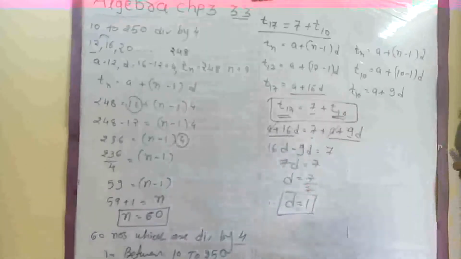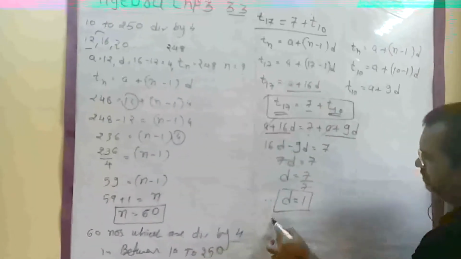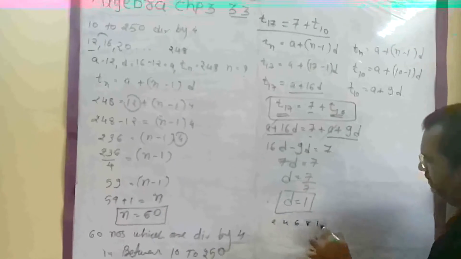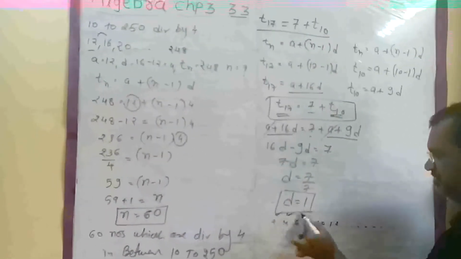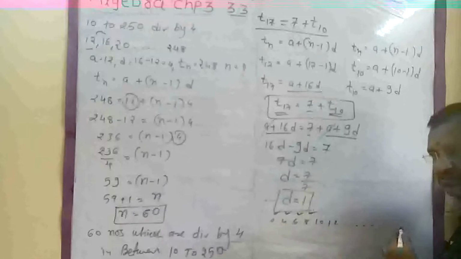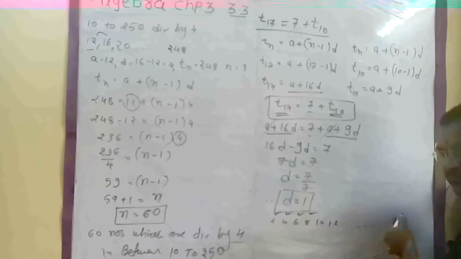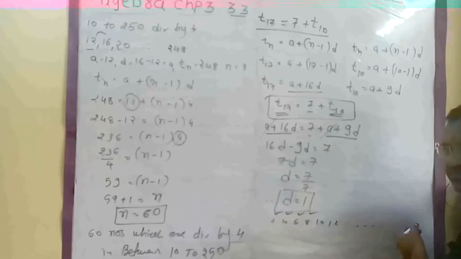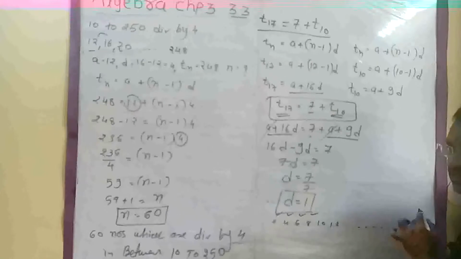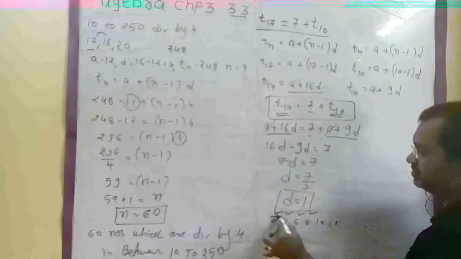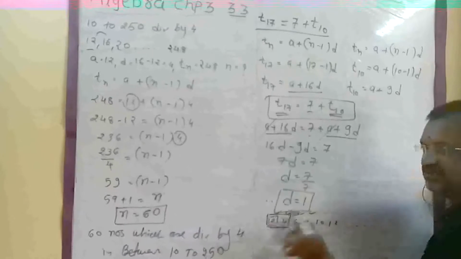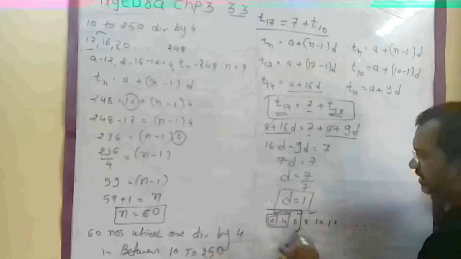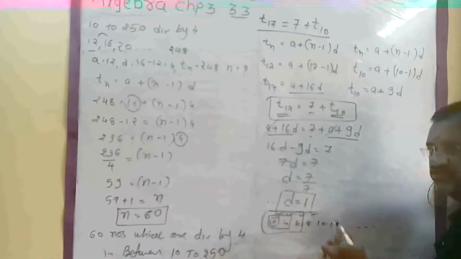Now one more thing I want to explain. 2, 4, 6, 8, 10, 12. First term is this, second term is this, third term, fourth term, 10th term, 12th term, 15th term, 100th term. That we have seen. Now sum of first term is equal to 2. Sum of two terms is 4 plus 2, 6. Sum of three terms, 6 plus 4, 10 plus 2, 12.